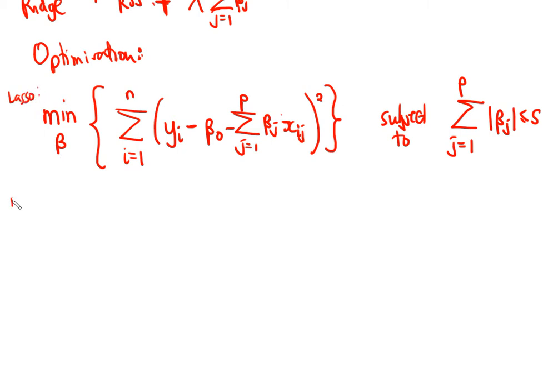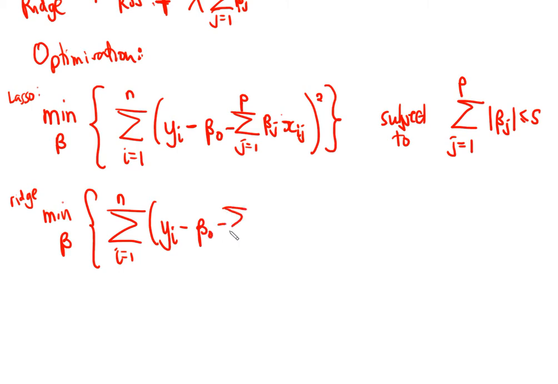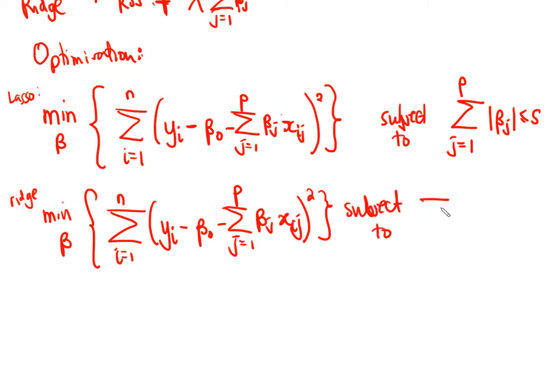And the ridge problem will be: minimize over beta the RSS, subject to the summation of j equal to 1 to p of beta j squared being less than or equal to s.